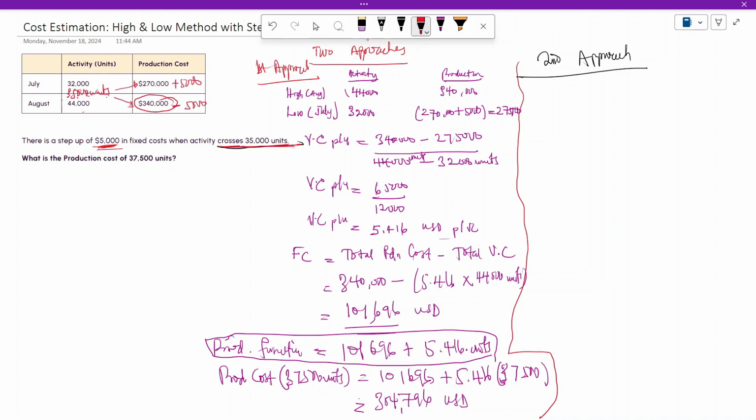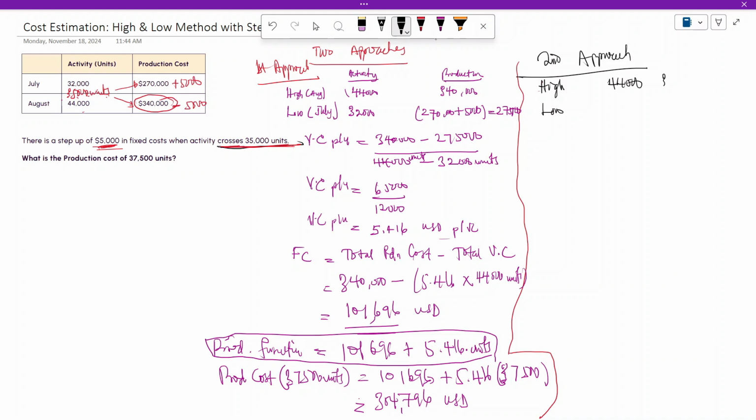So the second approach that we are going to use is to look at the high level and the low level. Now the high level is 44,000. The activity did not increase beyond 35,000, so the cost that is in this, we need to take that out.